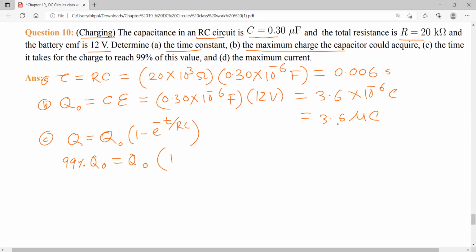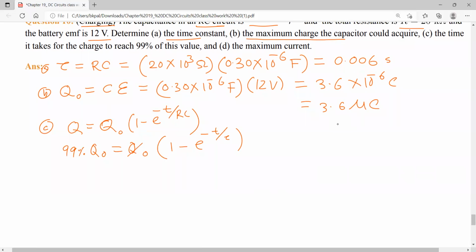RC means tau, so let me write just tau. You see Q0 cancels out, and 99% means 0.99, right? 1 minus e to the power minus t over tau.